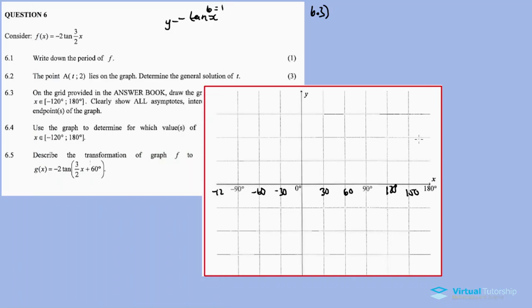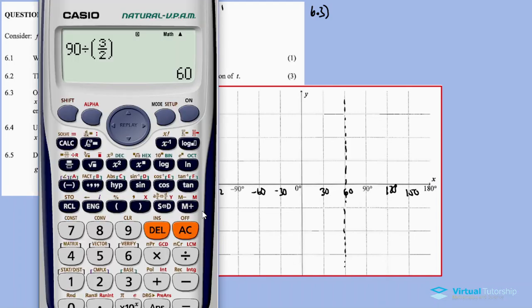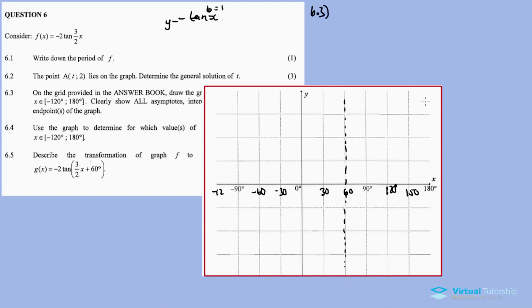So it means my asymptote will pass through 60 degrees. Let's check the one at 270. The 270 asymptote we get at 180 degrees. Then we also have an asymptote at minus 60 degrees.